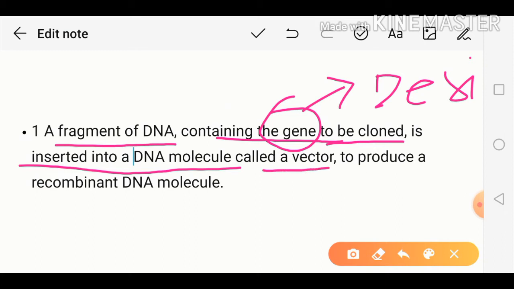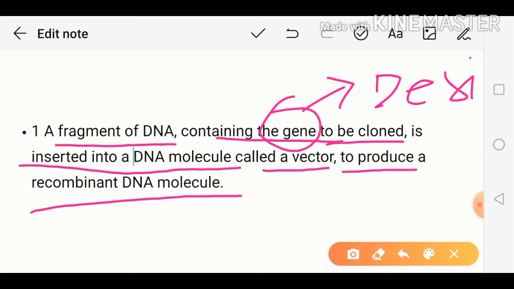So for gene cloning, the vector is very important. The vector carries the desired DNA into the host cell, so as to produce the recombinant DNA molecule.